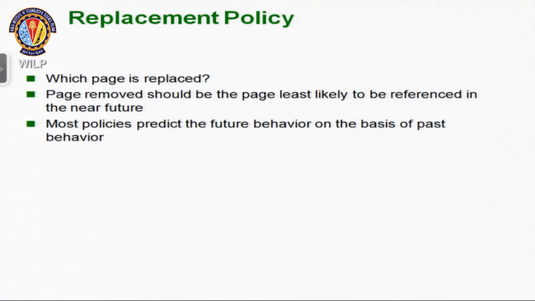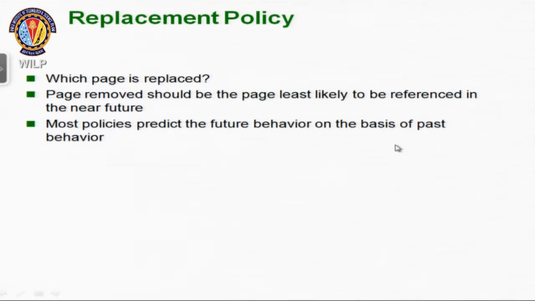There are various algorithms. As we just said, a page which is least likely to be used in the future is the most suitable one. This gives rise to a specific algorithm.